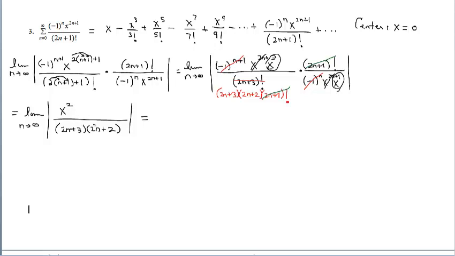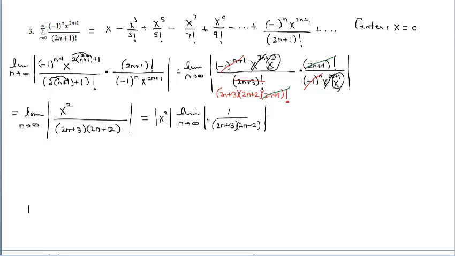All right, at this point we're ready to apply the limit. Well, it's only in terms of n, so I can pull the absolute value of x squared out front. In this case, absolute value isn't really necessary because the result of squaring x anyway is going to be positive, but we'll leave it on there. Okay, so at this point, applying the limit, the denominator would be super huge.